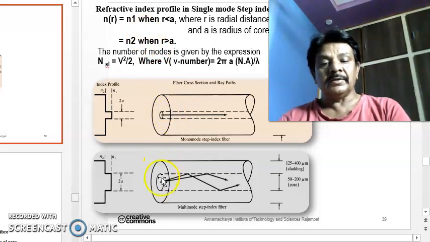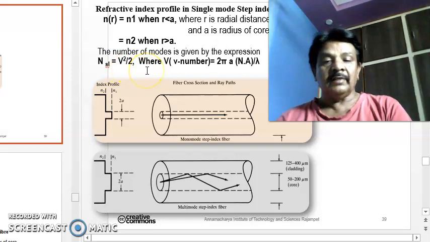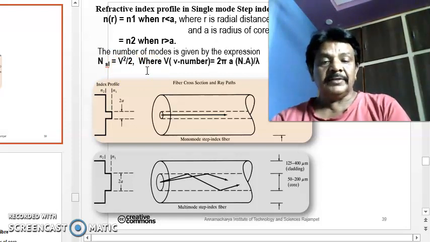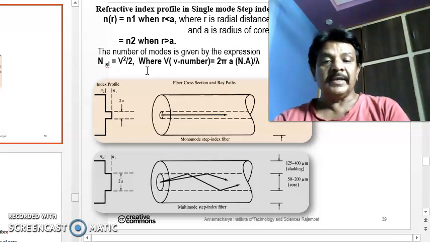And this is the multi-mode optical fiber. You can see that the diameters are larger in the case of the multi-mode step index optical fiber. The number of modes of propagation is expressed in terms of the V number. The number of modes in a step index optical fiber, NSI, is equal to V square by 2, where V is the V number, which is equal to 2 pi a n of a by lambda.